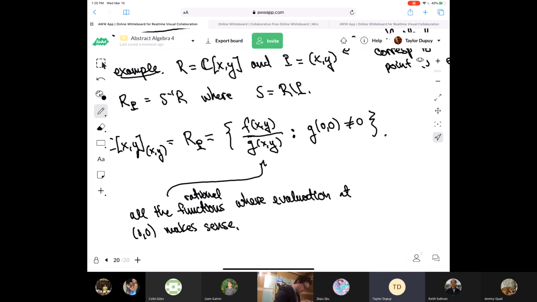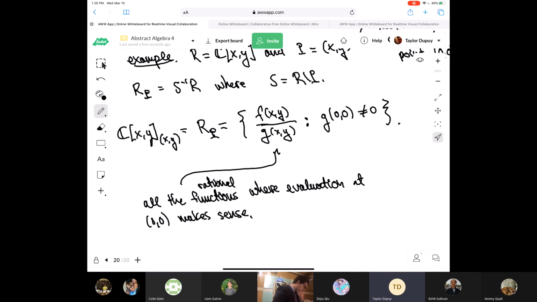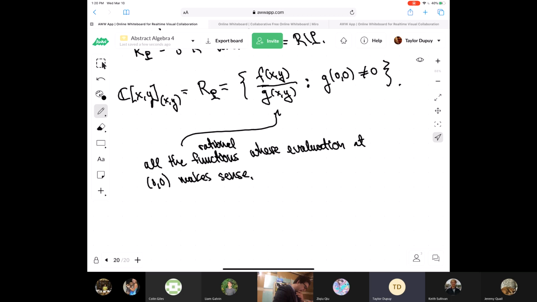This is kind of like functions which make sense locally around this place P.